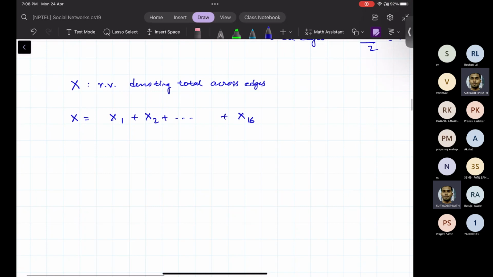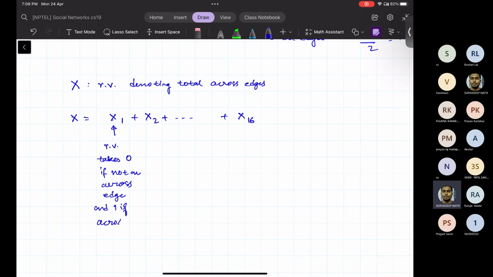And each of these is a random variable that takes 0 if not an across edge, and 1 if across edge. So these are basically indicator random variables. So you have 16 of such indicator random variables, and if you add them together, you get the total number of across edges.